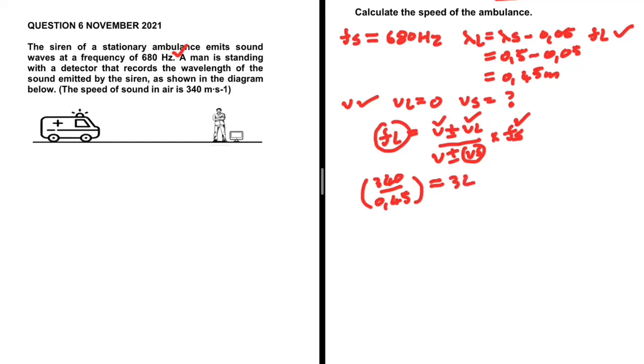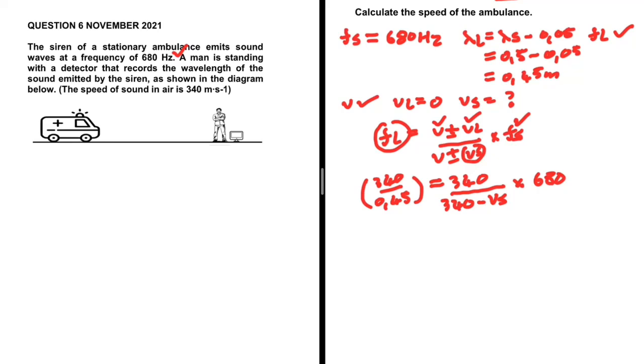So 340, the listener is stationary, so plus or minus 0 is not going to change anything, divided by 340, and the ambulance is moving towards the man, so we have minus VS. If it was moving away, we would have plus VS, multiplied by the frequency that is emitted, which is 680 Hz. So at this point, we are done with the physics.